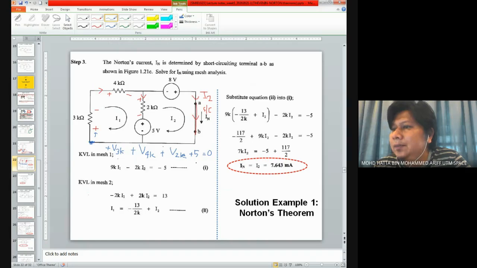If you look here, these two can be combined, and you will have 7 kilo ohm at your left hand side.